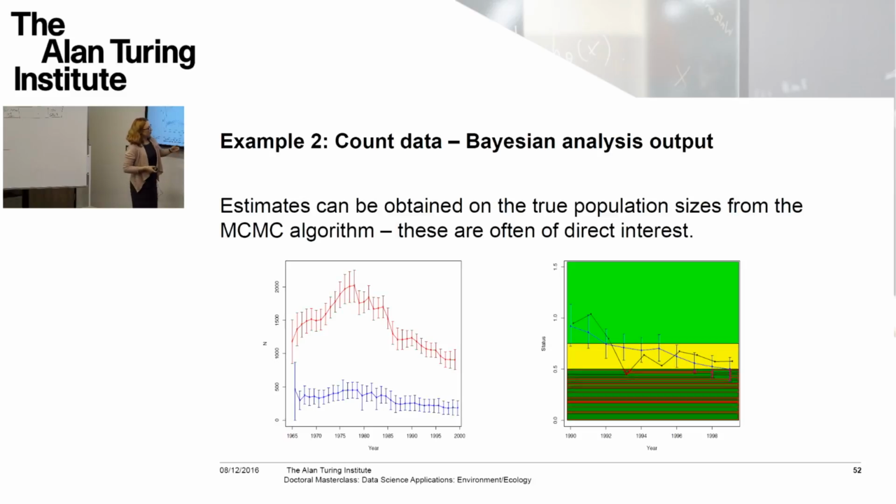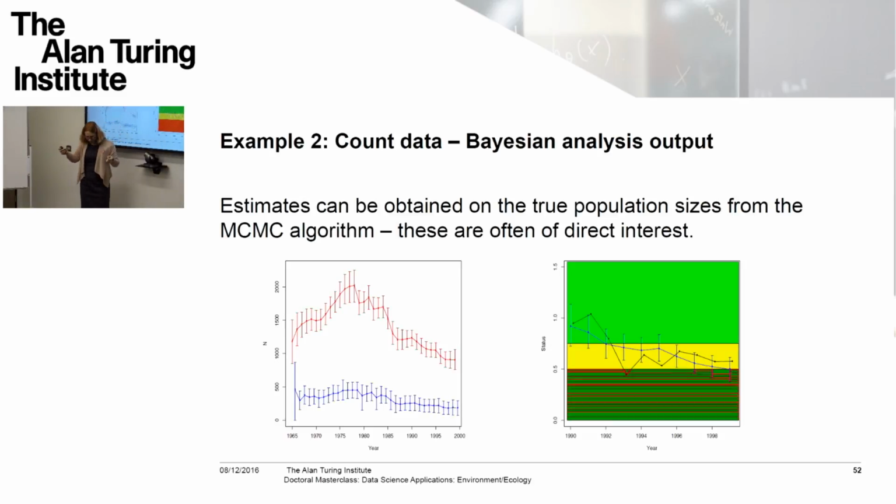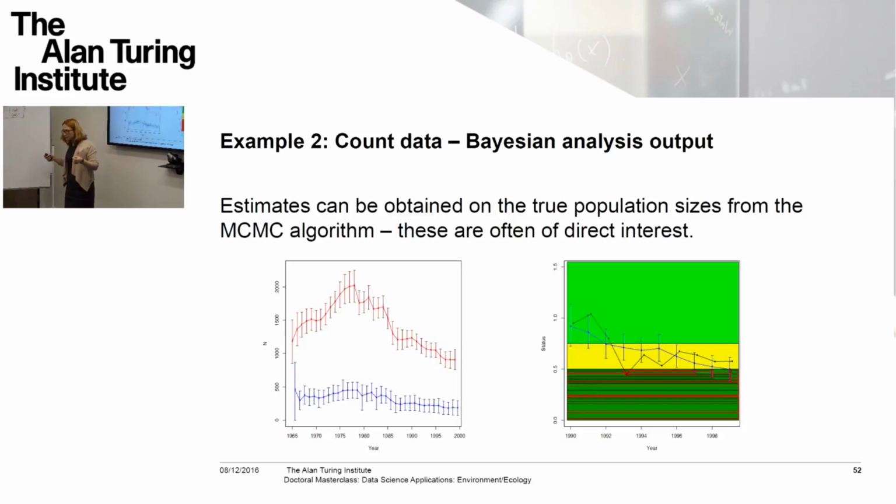Also, what we have on this side is basically a function of the left-hand side. There's something called a red data list, where they look at changing population size of animals over a 25-year period. You can have a green, amber, or red flag; red is bad for conservation.